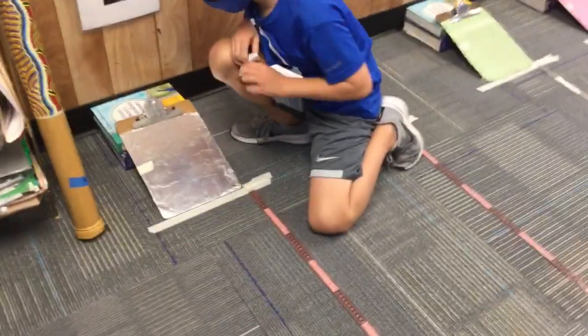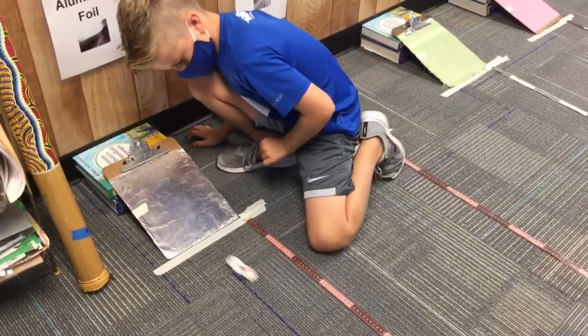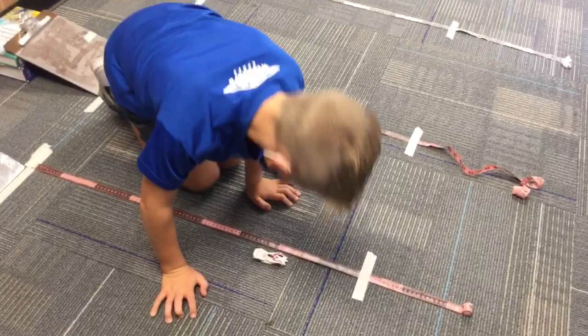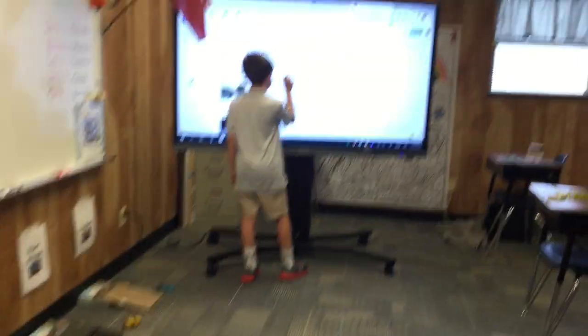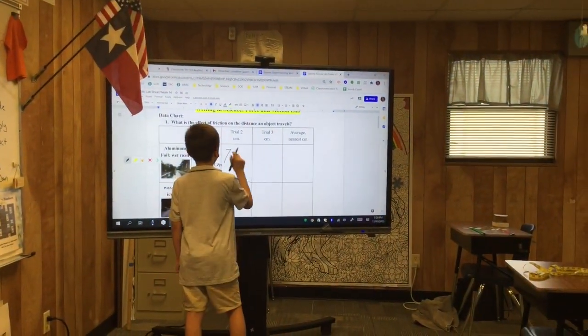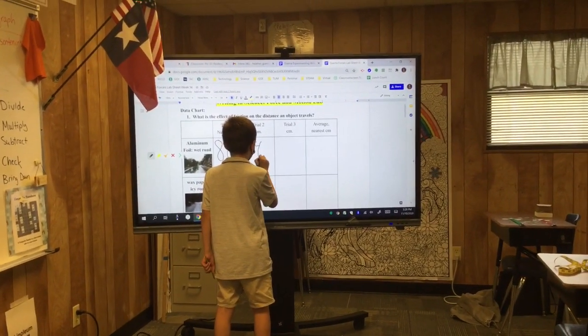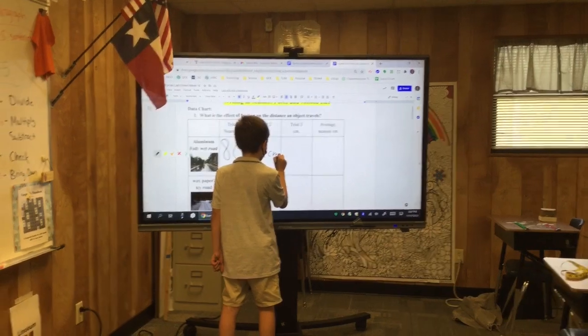Noticing that aluminum is representing a wet road. Okay. 74 centimeters. 74. Okay, keep going. Nice and quick. All right.